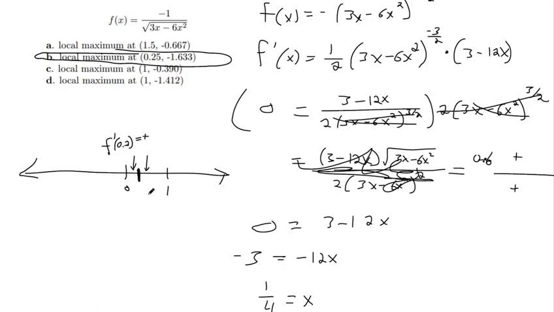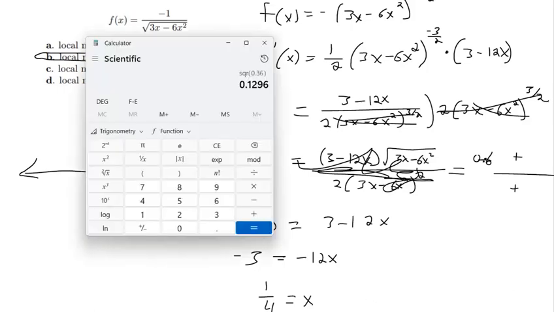Then we want to check the derivative slightly to the right to see what's happening. So let's plug in 0.3. Plugging 0.3 into the numerator, 3 minus 12 times 0.3, it's going to be negative.